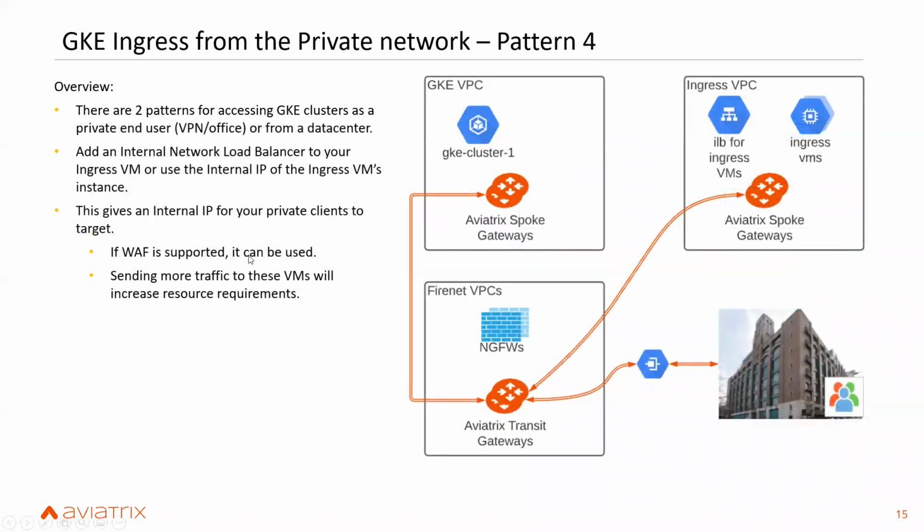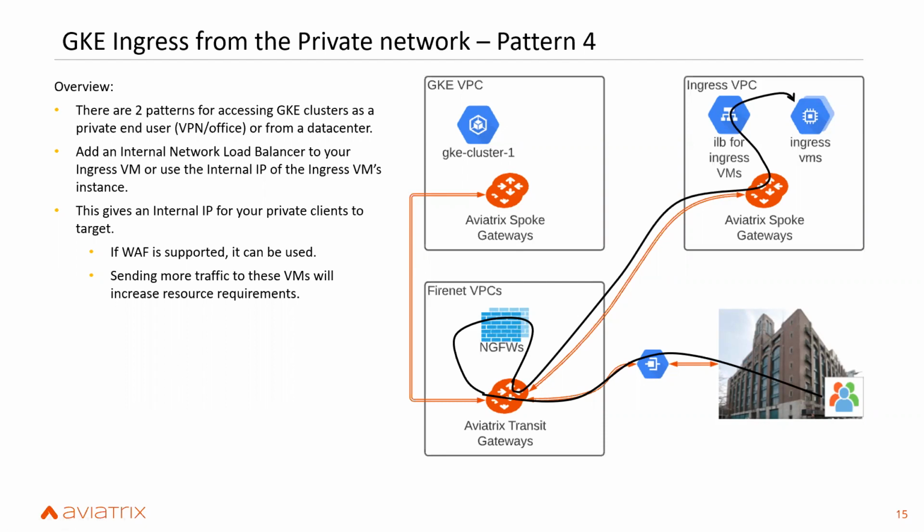Moving on to pattern 4, this is using the Ingress VMs that we would have deployed in pattern 2. And you may want to do this just because your Ingress VMs may have their own WAF on them, or you prefer to centralize all your Ingress into the cluster, not just have it distributed depending on where it's coming from. So the flow looks just like this. Your users will connect, it'll go through the transit gateways and then loop through the firewalls and then go up to the spoke gateway.